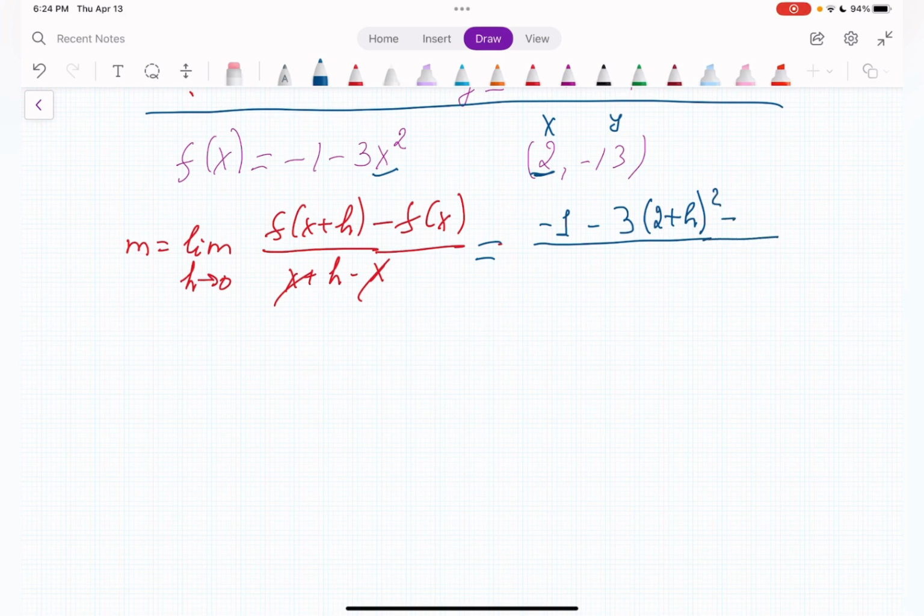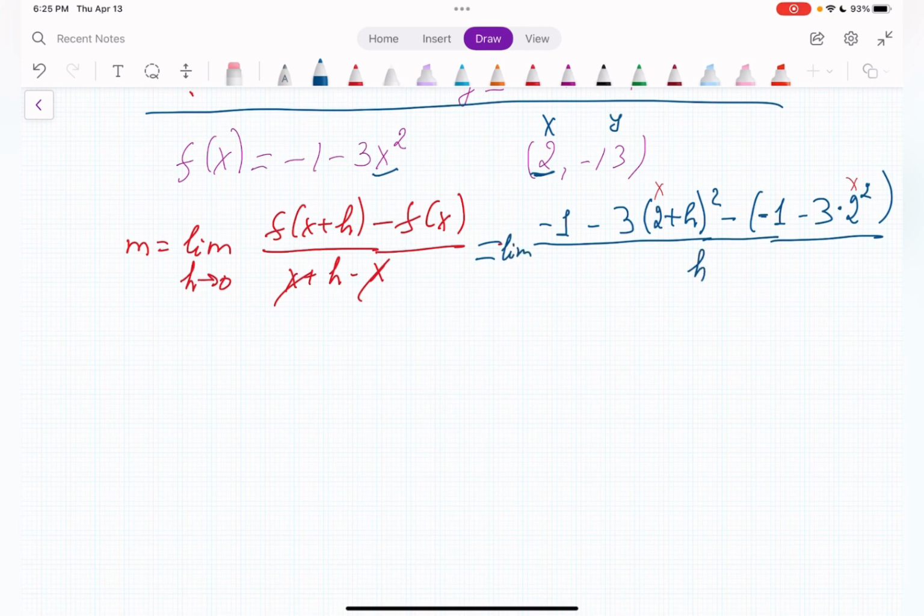And minus f of x. F of x is going to be negative 1 minus 3 times 2 squared. There we go, everywhere x I plugged in 2. And we divide by h.